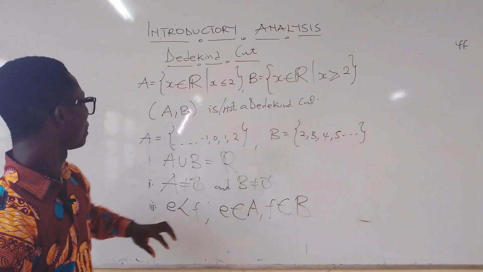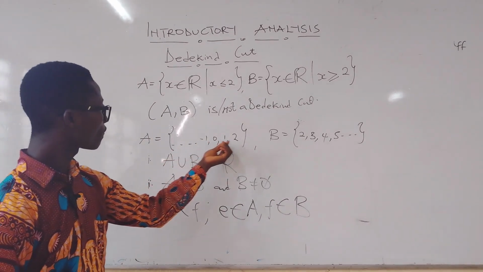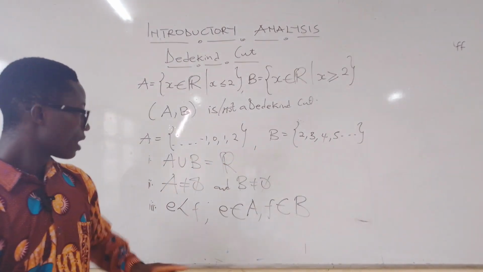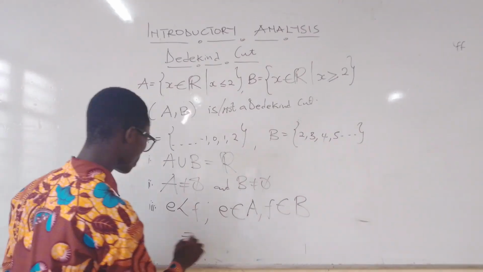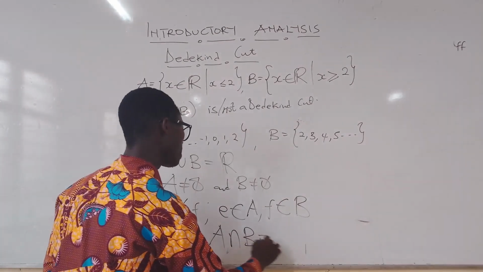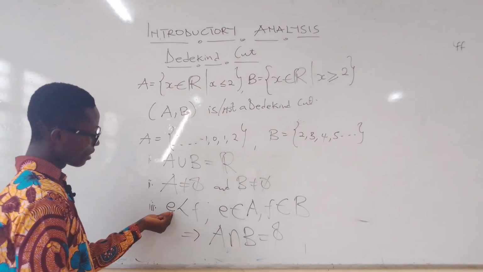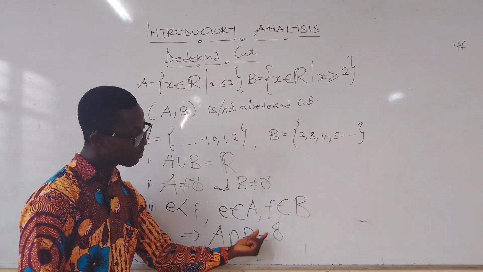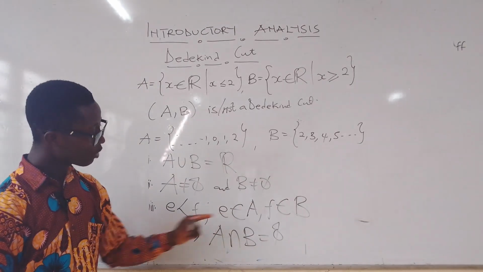This is the first set, A. We can see that we have 2 here, and also we have 2 here. This condition also implies that the intersection between A and B must give you an empty set. So before we go to even the E less than F, we can also look at the intersection between A and B, whether we are going to get an empty set before we check this one. So condition 3 is 2 in one condition.